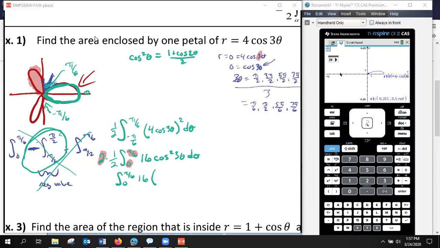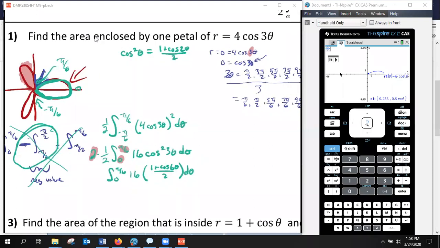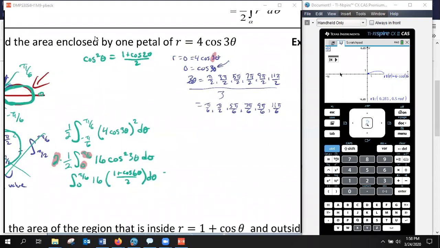So we would turn that into 1 plus cosine of 6 theta all over 2 d theta.